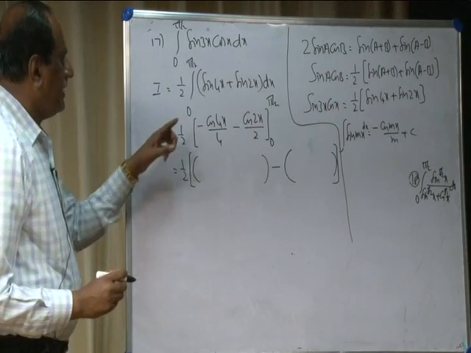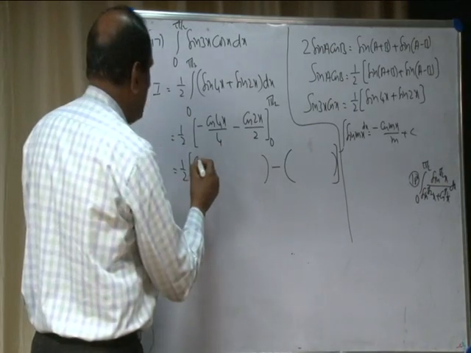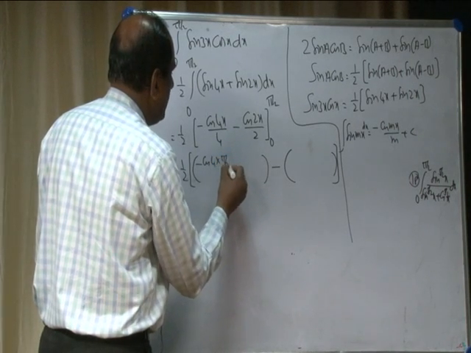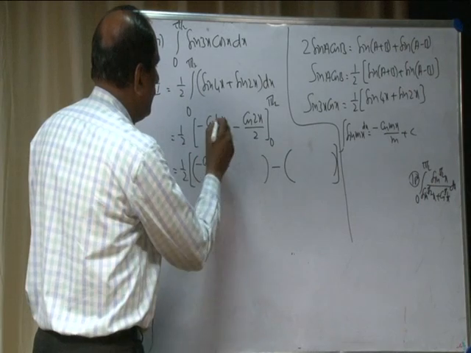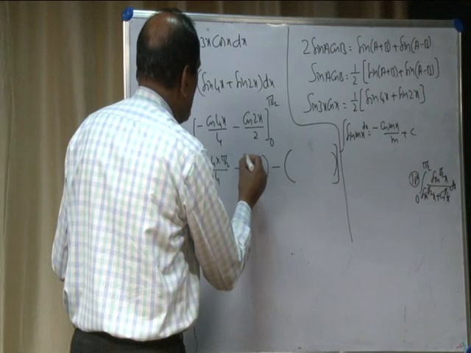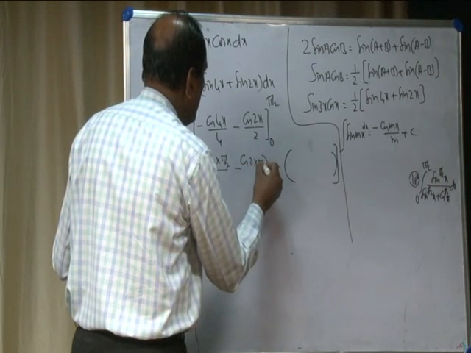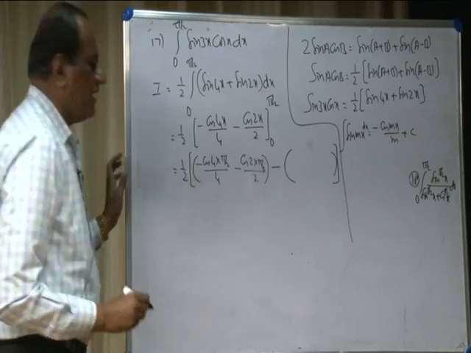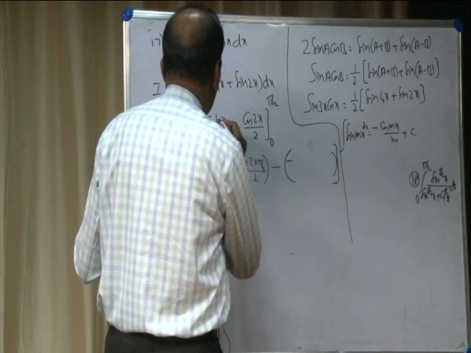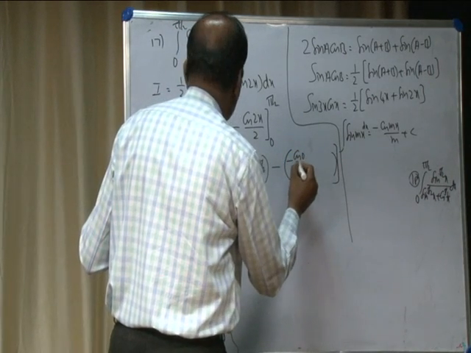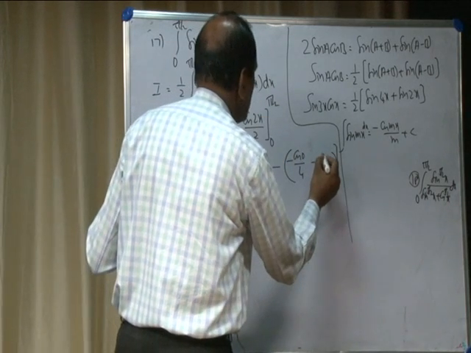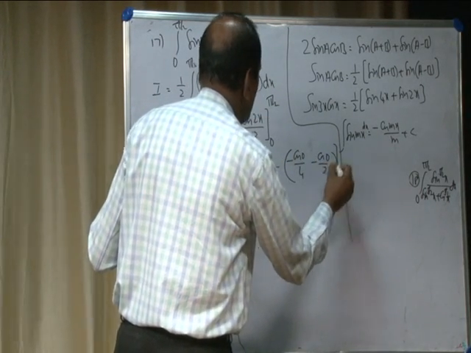Now, apply the upper limit pi by 2: minus cos of 4 into pi by 2 by 4, minus cos of 2 into pi by 2 by 2. Now apply the lower limit: minus, 0 into anything is 0, cos 0 by 4, minus cos 0 by 2.